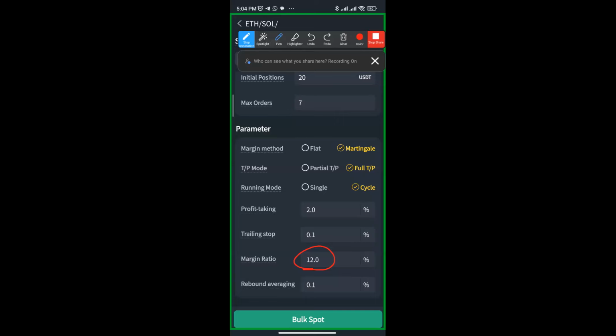While for the grid bot, the grid works best when any particular pair is in range, when a pair is ranging with no clear up or down. What do I mean by that? When there's no clear pump and there's no clear dump. So the grid works in a ranging market.